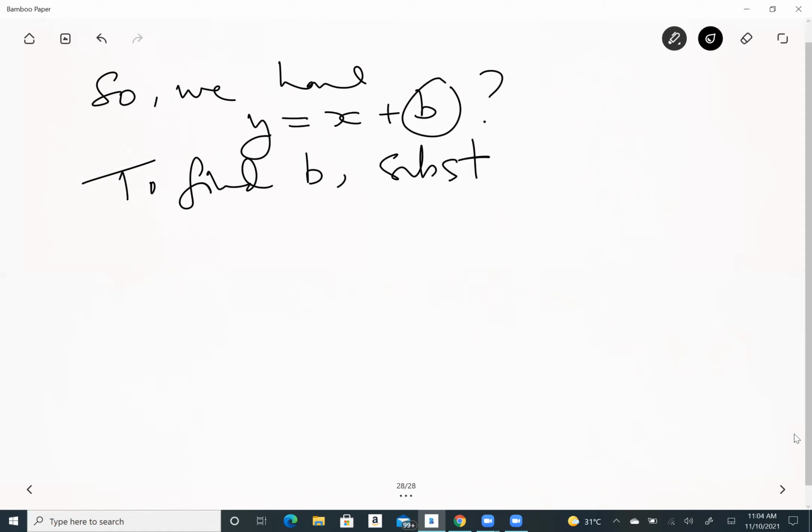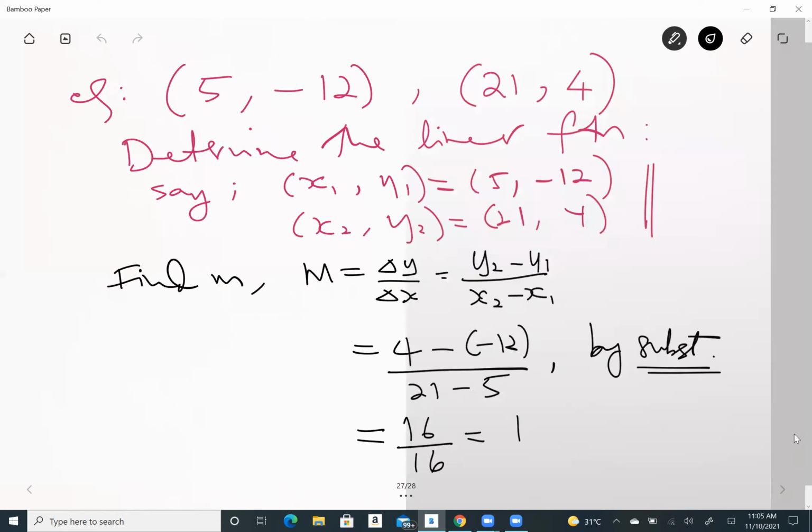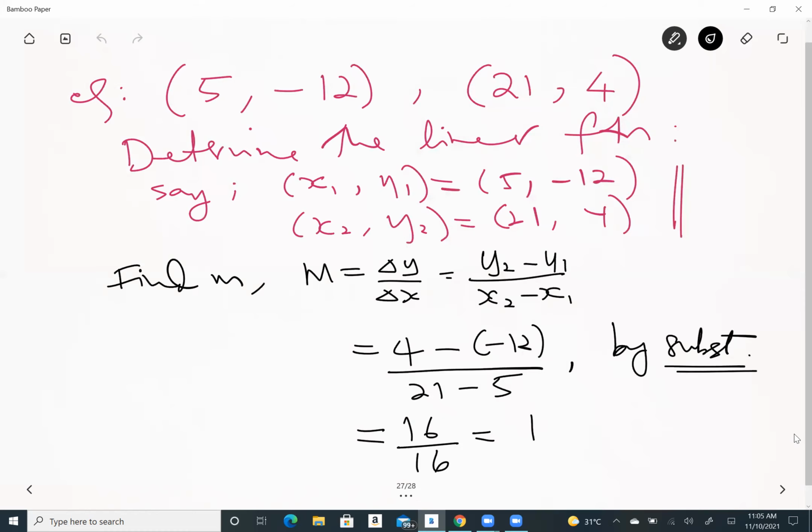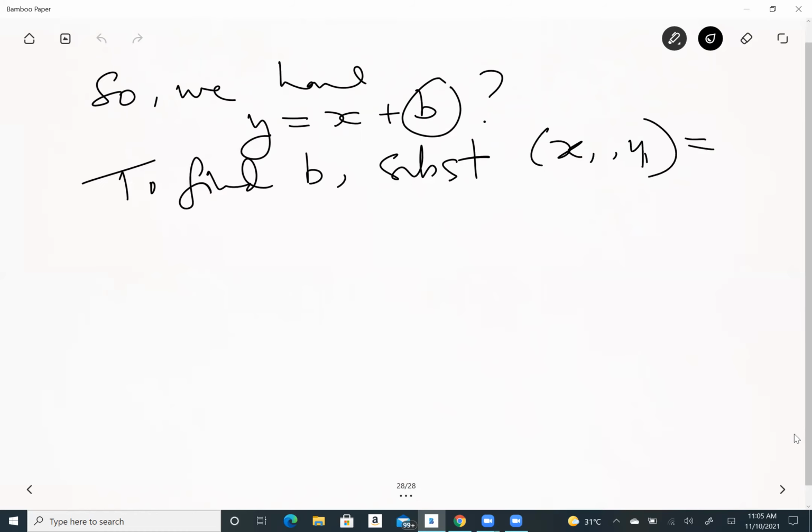So let's say I take x1, y1 equal to 5, negative 12, and substitute into y. So you substitute these two things.